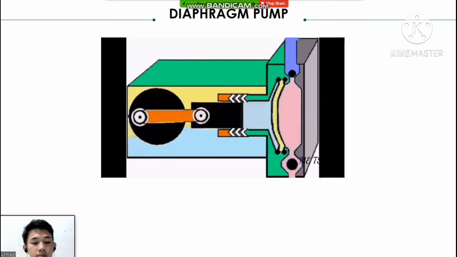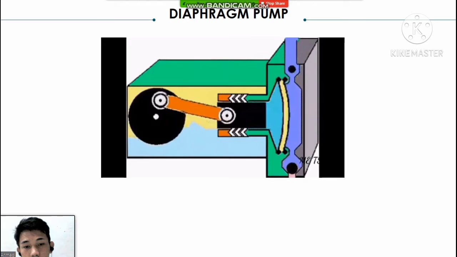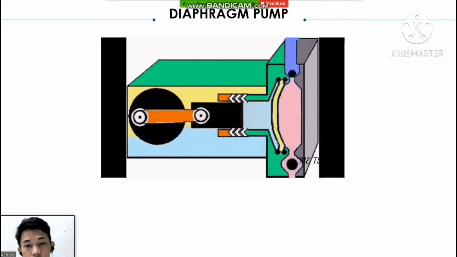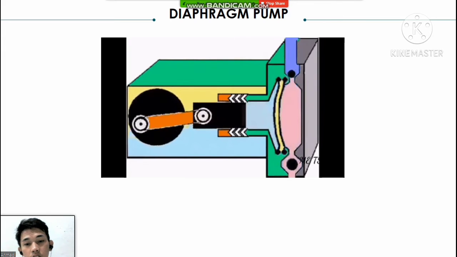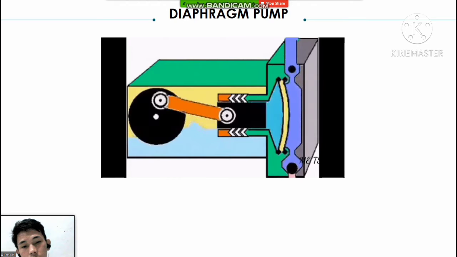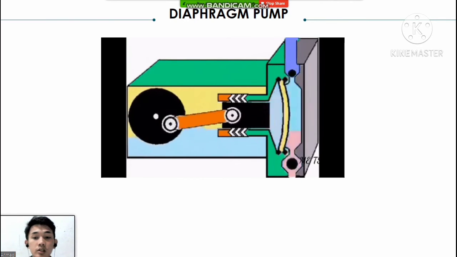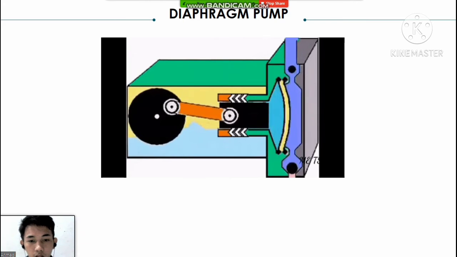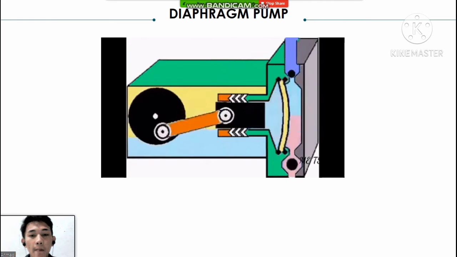Diaphragm pump. When the volume of the chamber of either type of pump is increased, the pressure decreases and the fluid is drawn into the chamber. When the chamber pressure is later increased from decreased volume, the fluid is forced out.